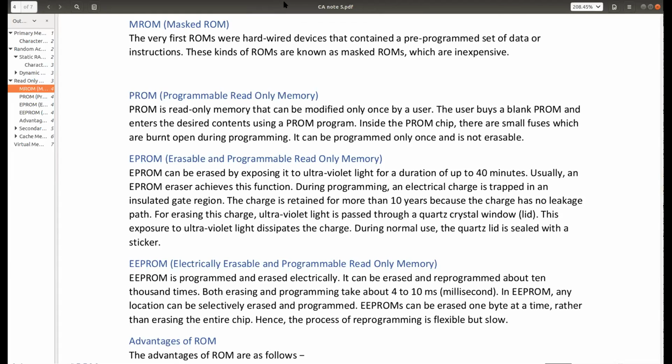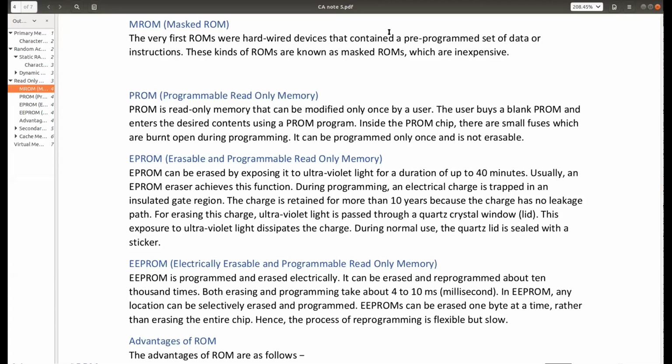To erase the previously written program from the EPROM, you have to bring this particular ROM under strong ultraviolet light for a duration of up to 40 minutes.